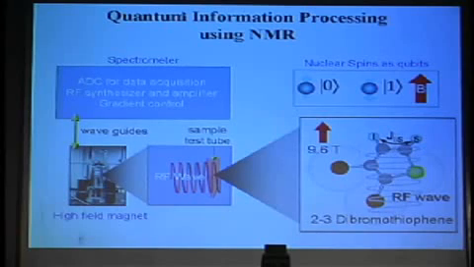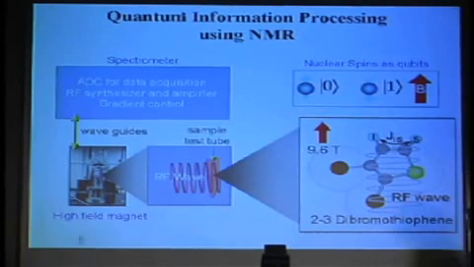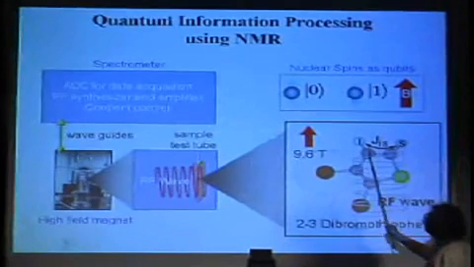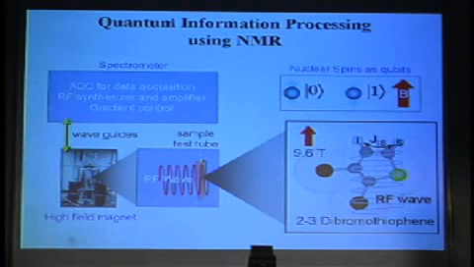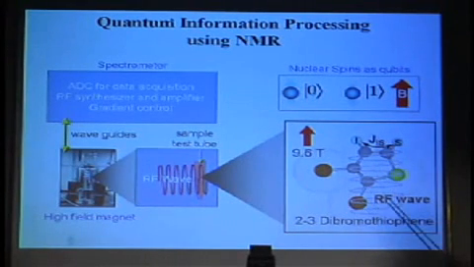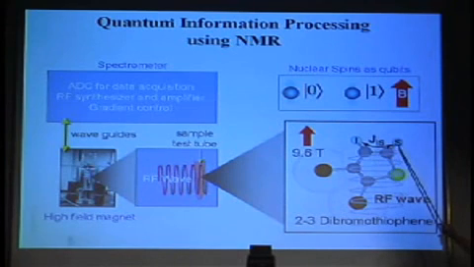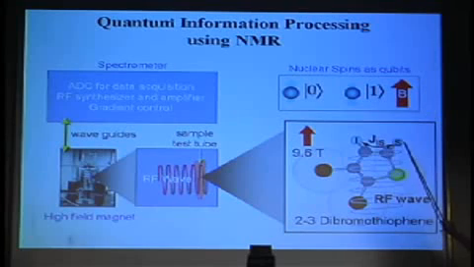Okay, so how does it work in magnetic resonance? In magnetic resonance, what we do is we take a molecule where we rely upon the chemistry of the molecule to define our qubits. And so if I think about the simple molecule dibromothiophenone, there are 2 protons. And protons, of course, are spin 1/2 particles. We will map each of those protons into a quantum bit.